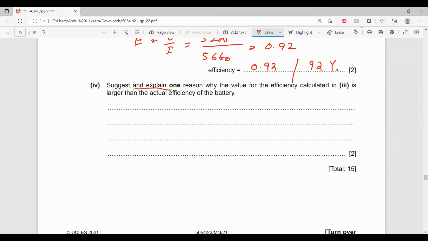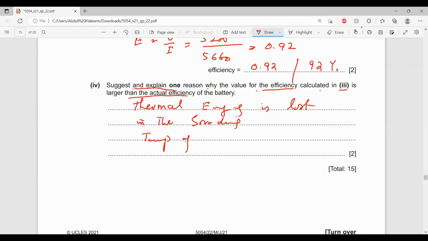The reason is thermal energy is lost to the surroundings, and the temperature of the cell phone increases.